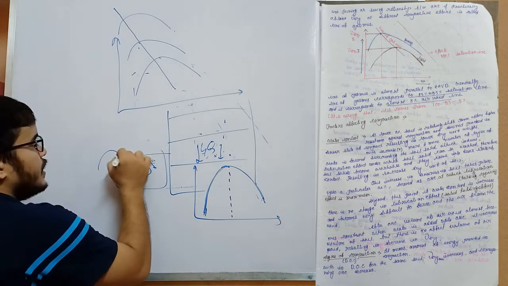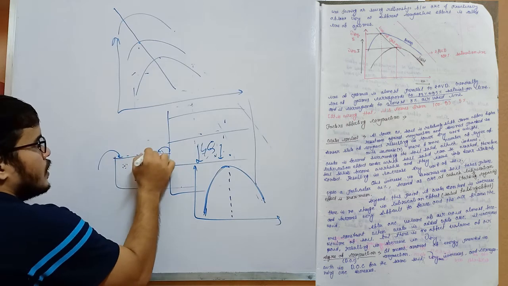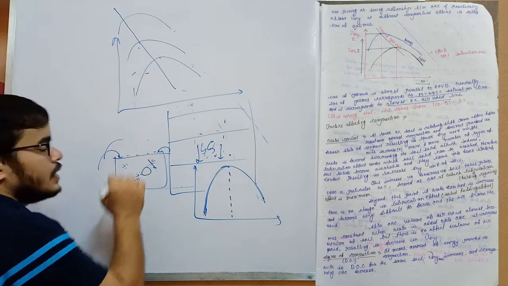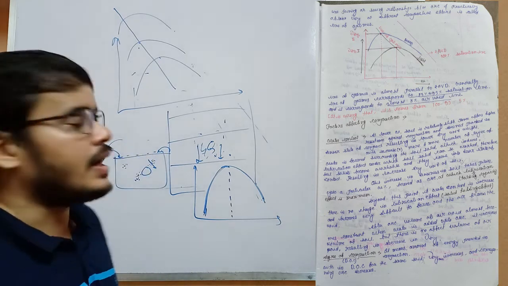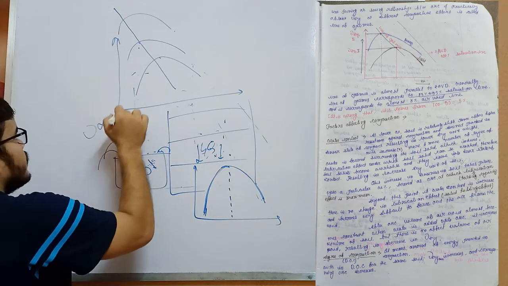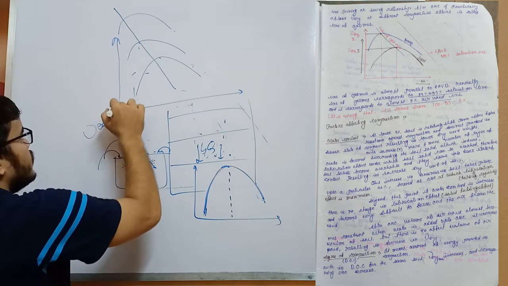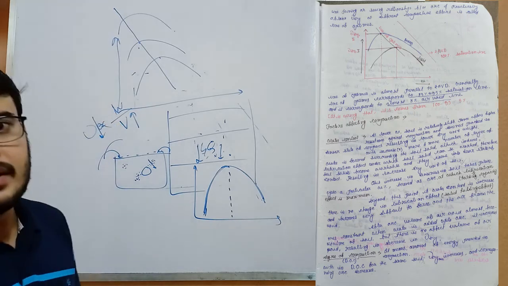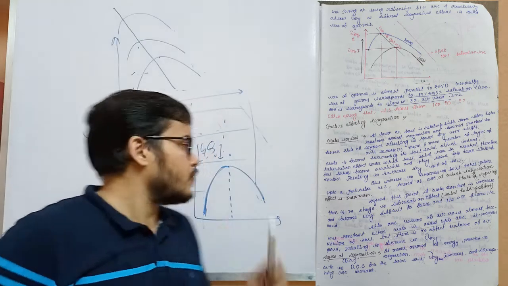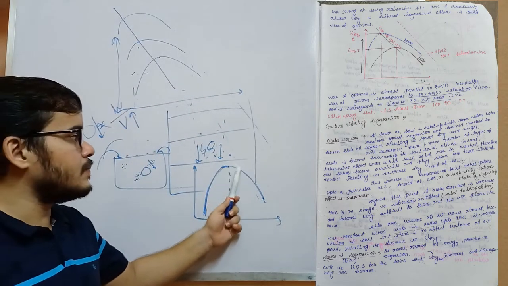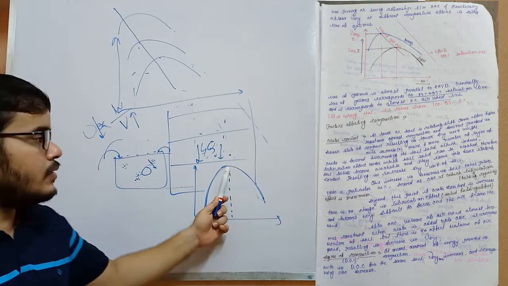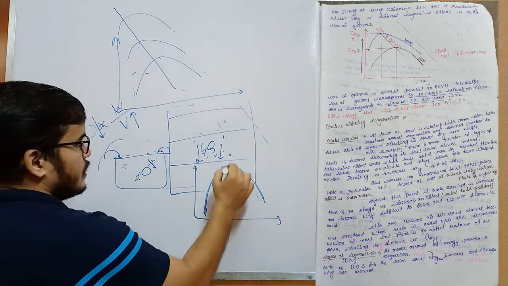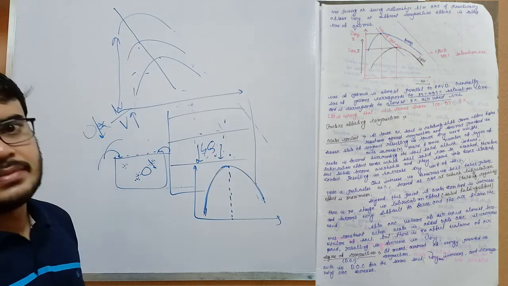If we continue adding water, the water will simply increase the volume of the soil and consequently decrease the gamma dry, as gamma equals W by V. If volume increases, the value of gamma will decrease. So from here, the water will simply increase the volume. It will not increase the lubrication effect, as at OMC the lubrication effect is maximum.